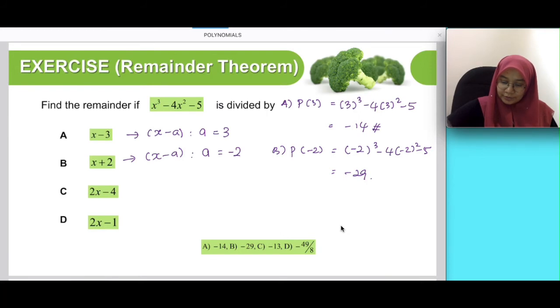Okay, and then the rest of it you can continue because you just have to find the a. So here you compare with a, x minus a, it will become negative 2. Okay, here is 2. Compare x minus a. Here you will get 1 over 2.